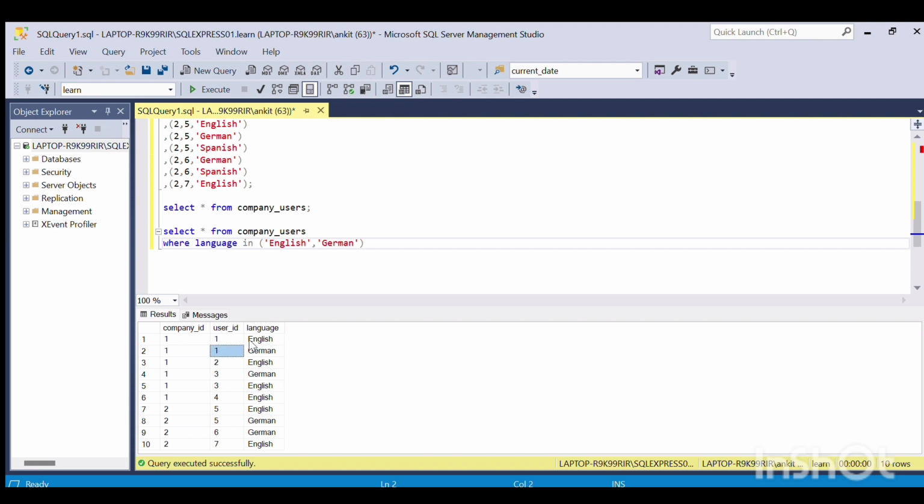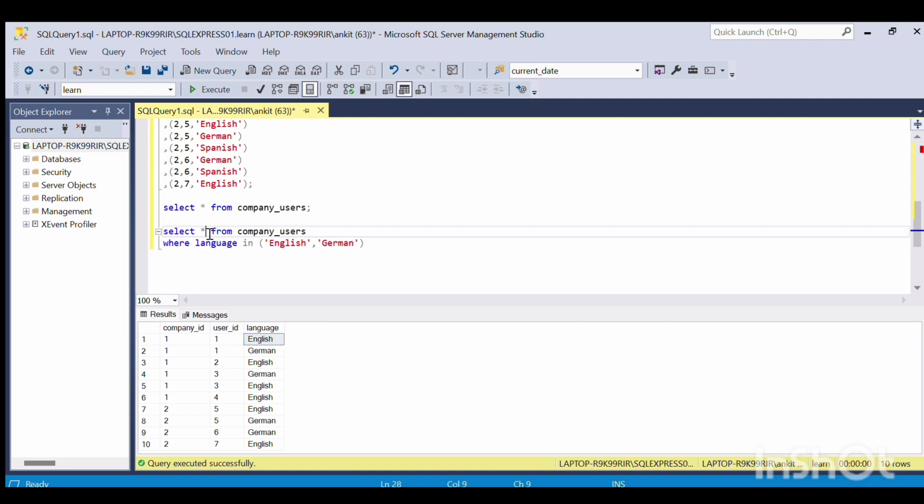If we count the number of languages each user knows, and if the number of languages the user knows comes out to be 2, that means he definitely knows English and German. Okay, listen carefully. What I am saying is that if you count by user the number of languages he knows, and it comes out to be 2, that means he knows both the languages. This is the thing we are going to focus on.